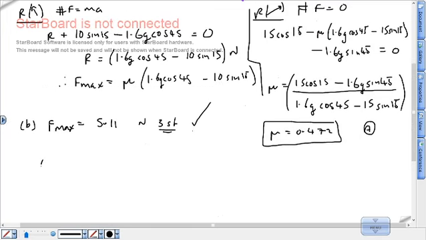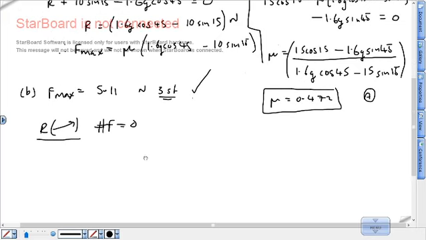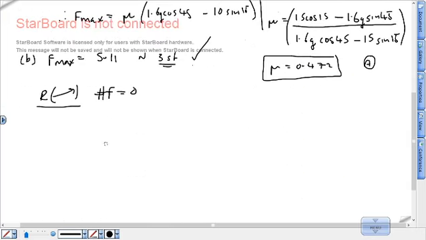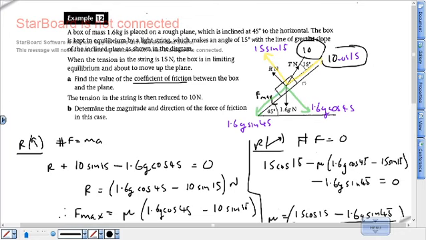Okay, so we're just going to resolve vertically upwards now, is the better way to do it, because you've got the weight component. Okay, so the net force is equal to 0. So net force going up is going to be the tension going upwards, which is 10, and it is cos 15. The opposing weight component is what you want to compare it with.